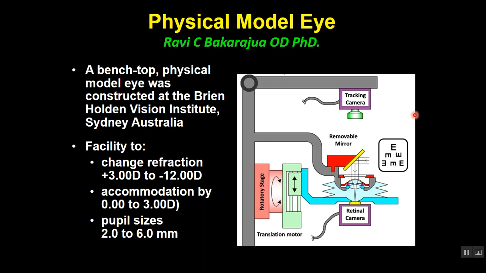So a standard E was presented to this mirror, then through the contact lens and to the camera to give us an understanding of the quality of vision that patients might receive through an actual lens. So not on human eyes, but done to simulate what would be presented to the retina using various powers, various adds, and various pupil sizes.